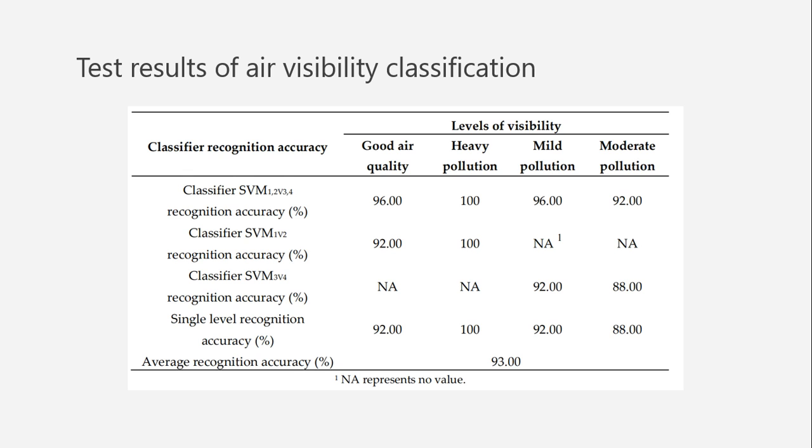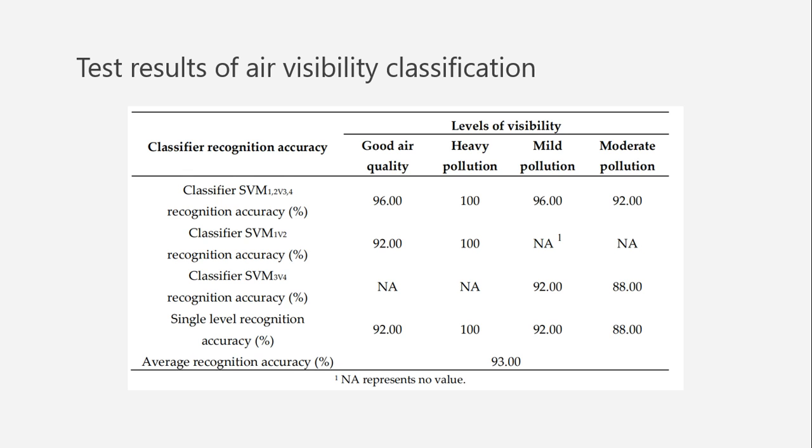The leaf node classifier SVM 1 and 2 on the second layer achieved the recognition accuracy of 92 and 100% for good air quality and heavy pollution. The leaf node classifier SVM 3 and 4 achieved the 92 and 88% for mild pollution and moderate pollution.